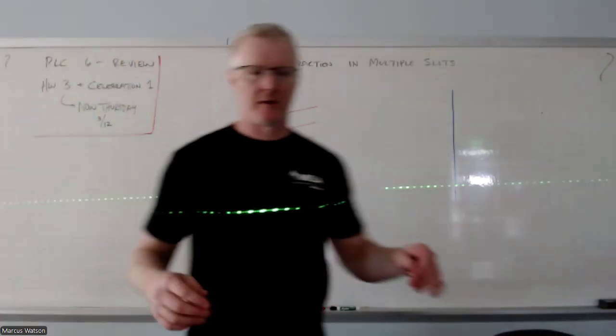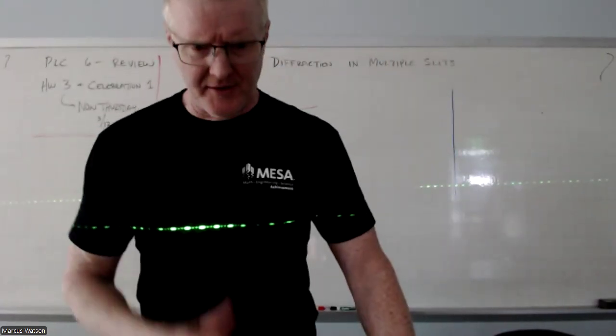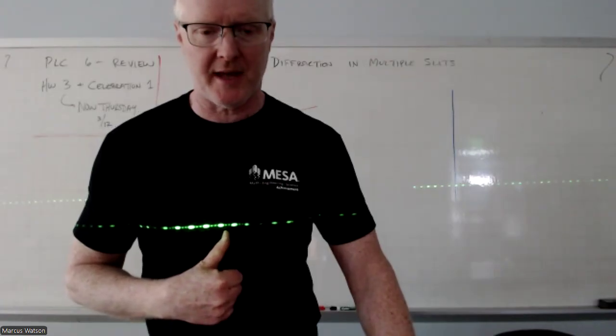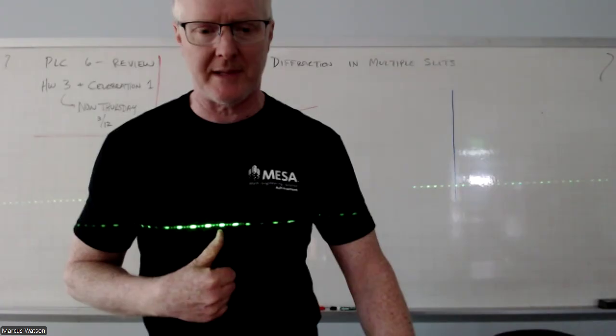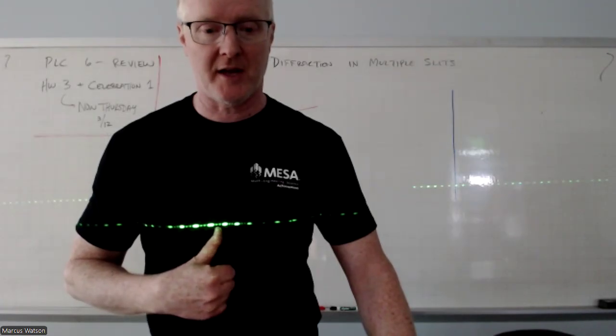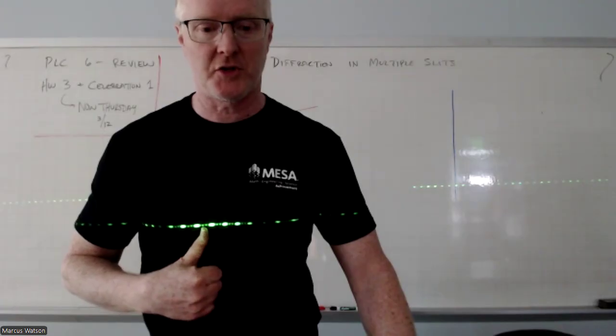Okay, so now I'll stand in front of it so maybe you can see it. Yeah, there you go. So now you can see bright fringes. This is where full construction is happening, and now I've got 2 in the middle where there's some partial construction happening, and I've got another bright fringe here, and then two more in the middle.